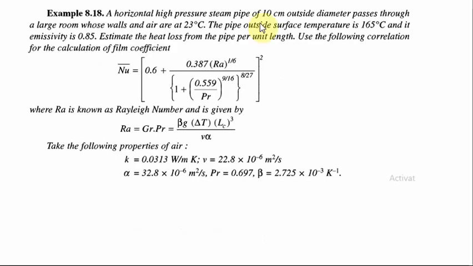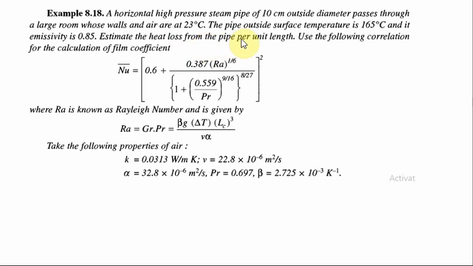Next problem is a horizontal high pressure steam pipe of 10 cm outside diameter that passes through a large room whose wall and air are at 20 degrees Celsius. The pipe outside surface temperature is 165 degrees Celsius and its emissivity is 0.85. Estimate the heat loss from the pipe per unit length.